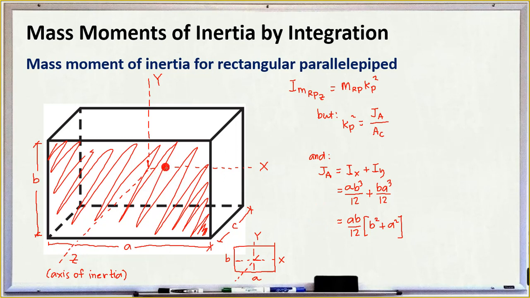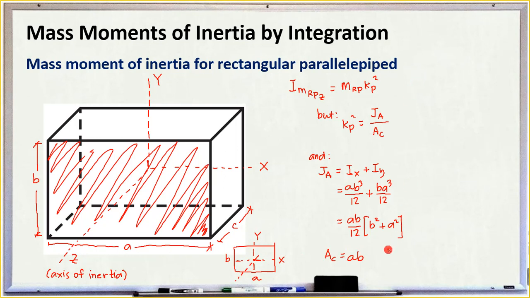How about its cross-sectional area? The cross-sectional area of our rectangular parallelepiped is just the area of this rectangle, that is a times b.